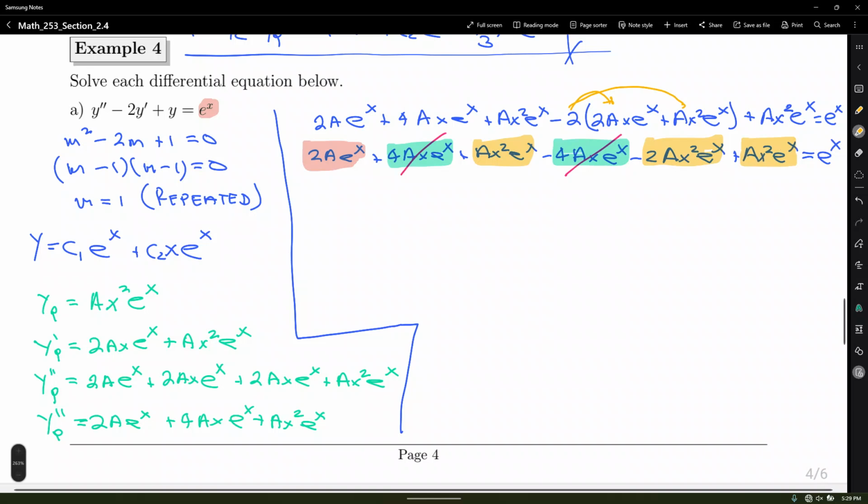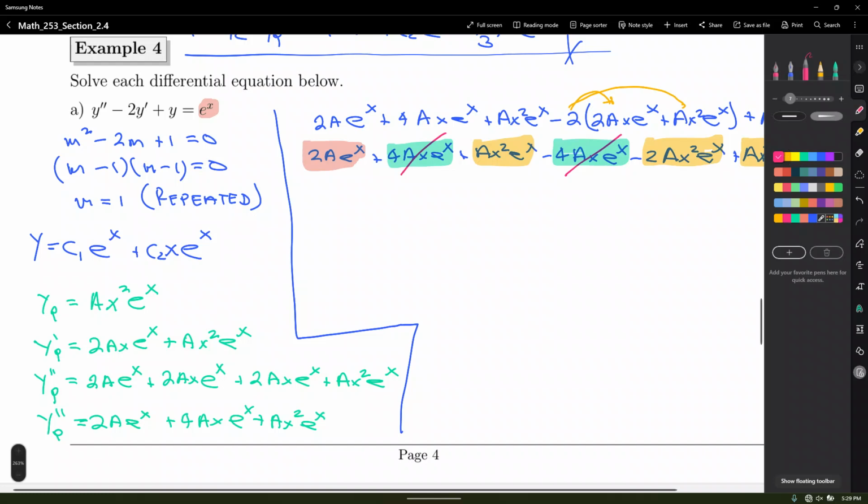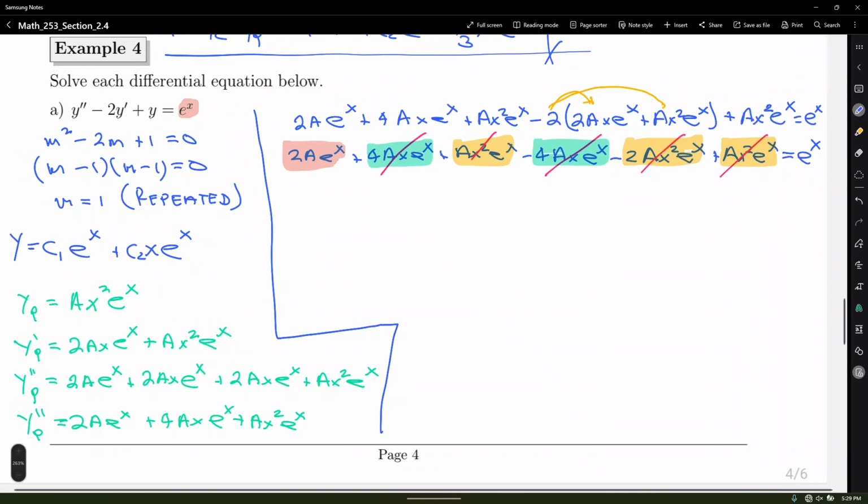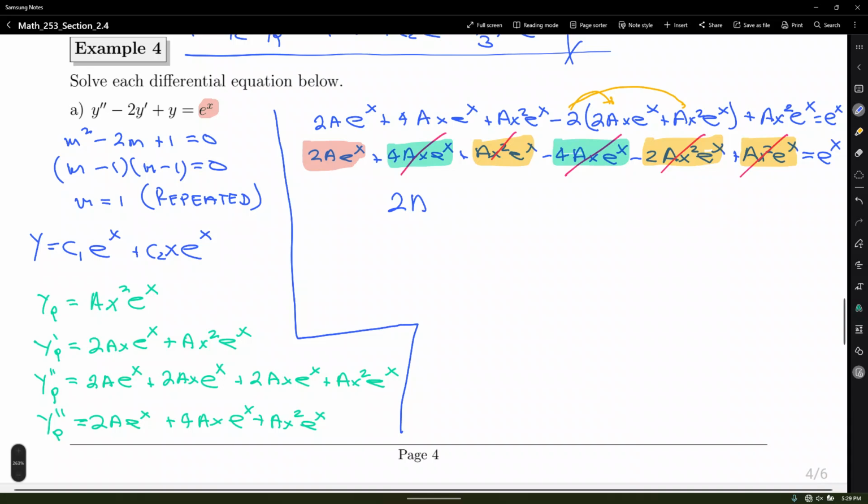Because ax squared plus ax squared is 2ax squared, minus 2ax squared. Boom, they also go away. Cancel, cancel, cancel. We're left only with 2a e to the x equals e to the x, with an invisible 1 coefficient, which means 2a equals 1 and a equals 1 half.